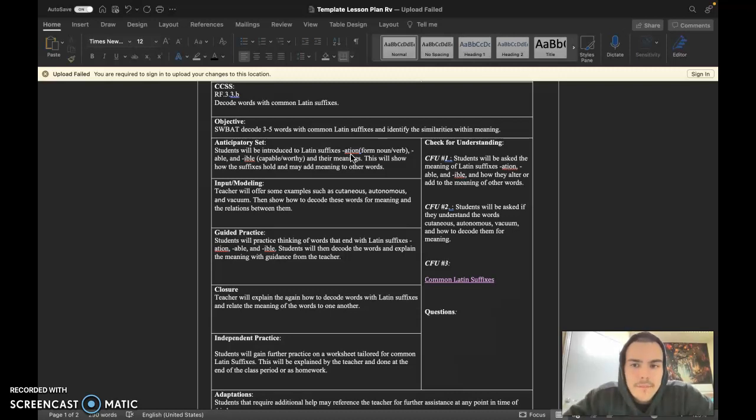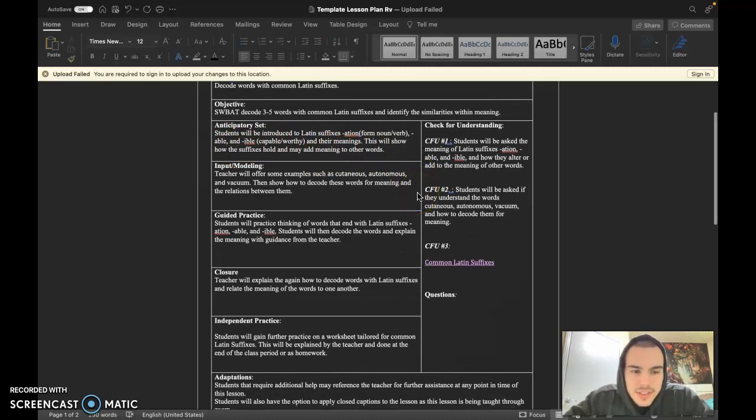And then after the anticipatory set, after we go through this with the students and introduce them to Latin suffixes such as ation, able, and ible, we're going to check for understanding. So students will be asked the meaning of Latin suffixes ation, able, and ible, and how they alter or add meaning to other words.